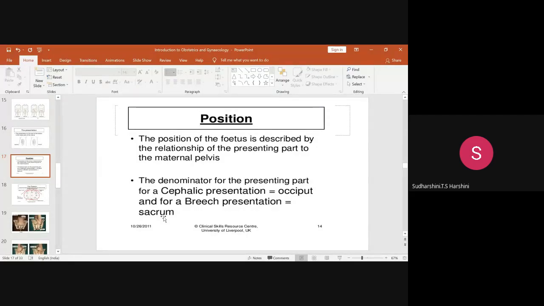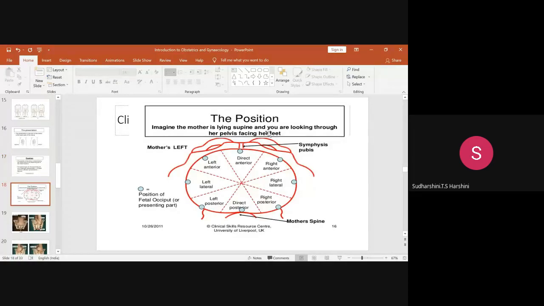Then you'll understand better. So position is the relationship of the presenting part to the maternal pelvis. Consider that this is a cephalic presentation, and you know that the denominator in cephalic presentation is the fetal occiput. When the fetal occiput lies here, it is called direct occipito-anterior. This is the left side and this is the right side.